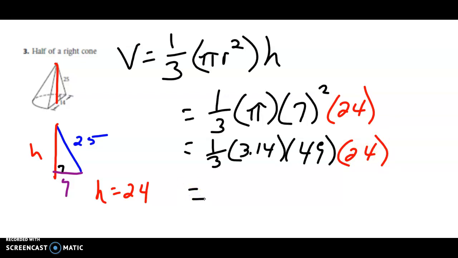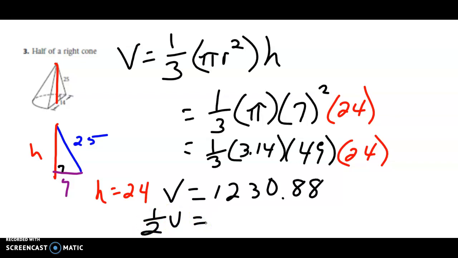And if you multiply that all out together, you're going to get 1,230.88. But we have half of the cone, so we need to find half the volume. So divide that by 2, 615.44.